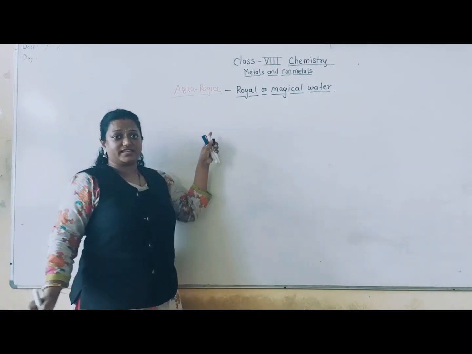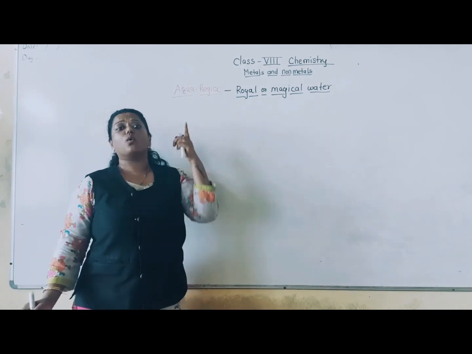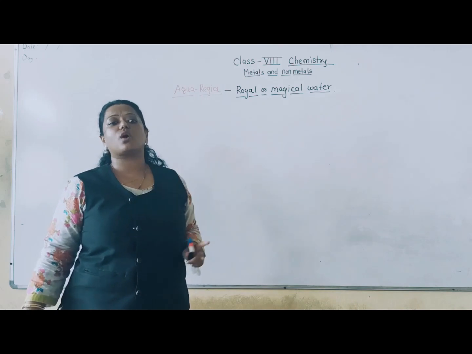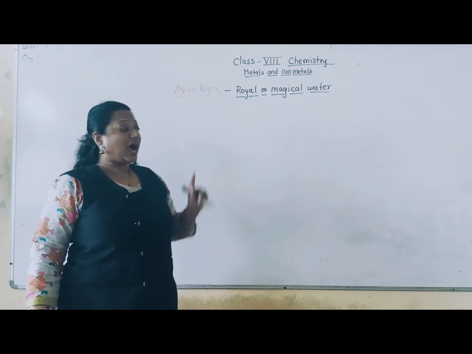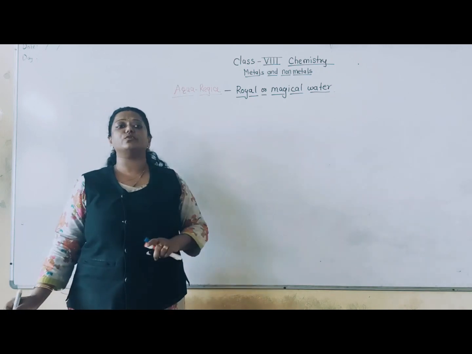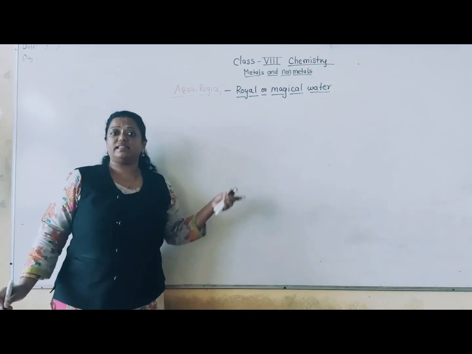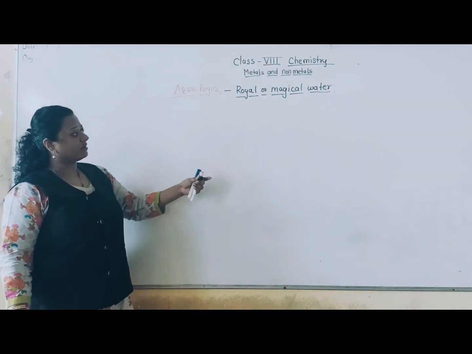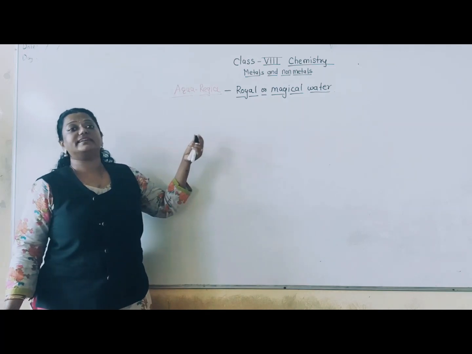This is the only solution in which gold and platinum can dissolve and form their constituent salt. How this takes place, I shall let you know. But how does it look? See here, there is a photograph in which you can see the color as well as the texture of that liquid.